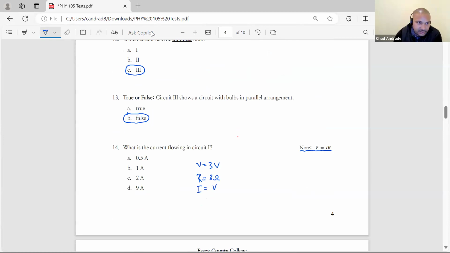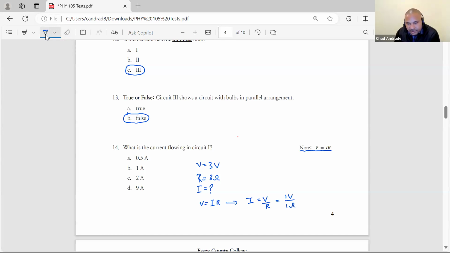Sorry, let me not do this. Let me do it how we normally do it. So I'll put a question sign right here. And then we go V equals I times R, which means current equals V over R, which is 1 volt divided by 1 ohm.